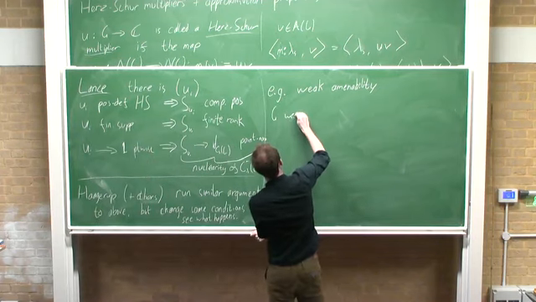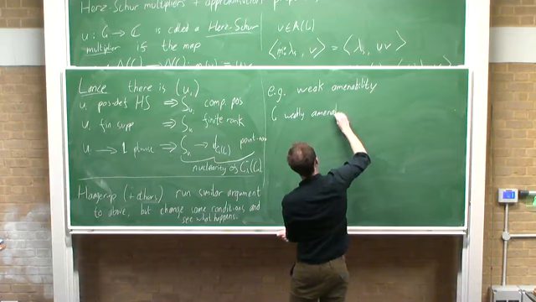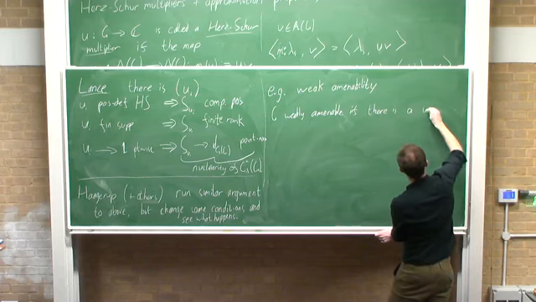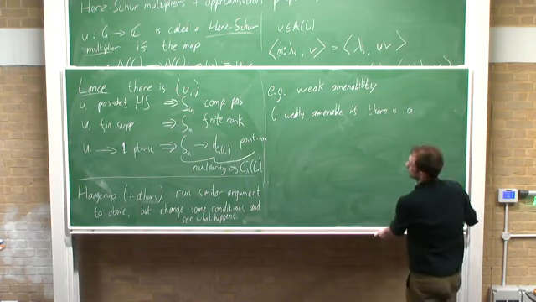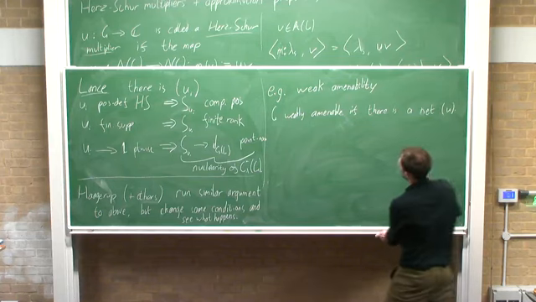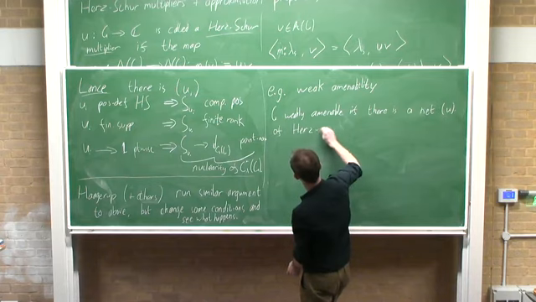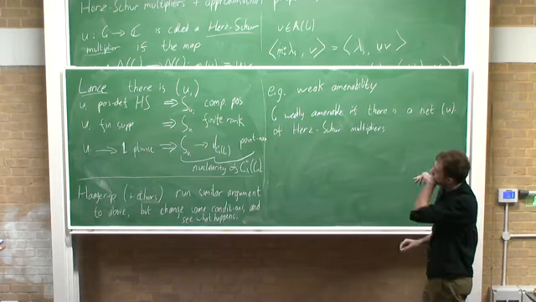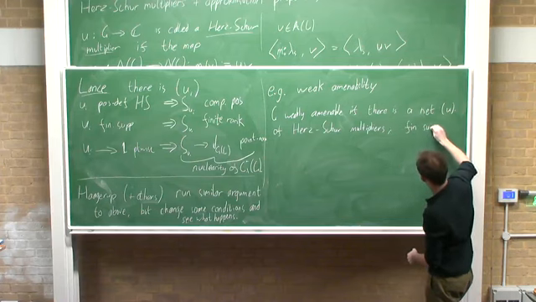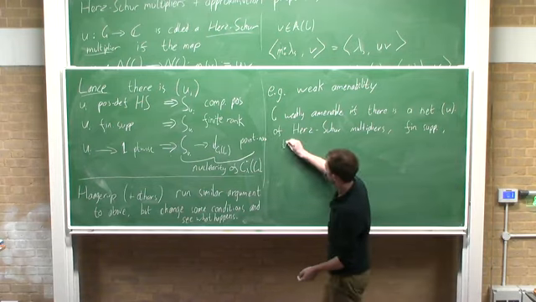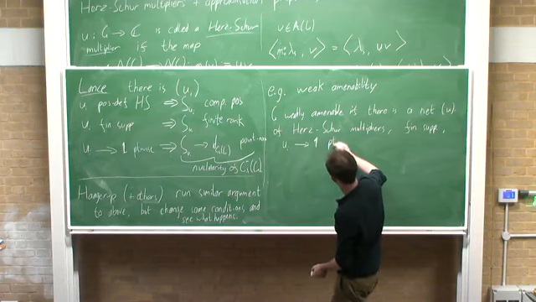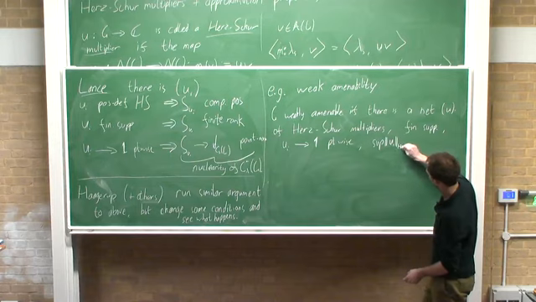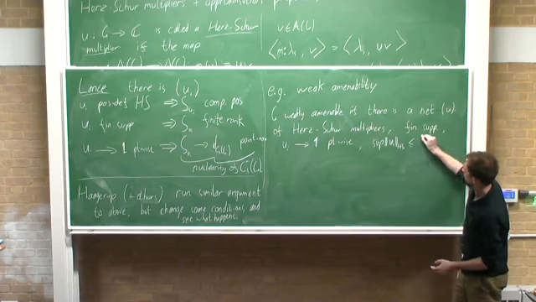So if there's a net of Herz Schur multipliers which are finitely supported, they converge to the constant function pointwise, and the Herz Schur norm is uniformly bounded.